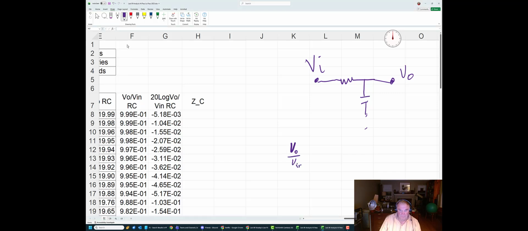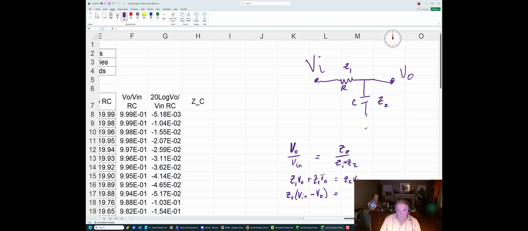V out over V in equals Z2 over Z1 plus Z2, and of course this is R and this is C, and so we can cross multiply: Z1 V out plus Z2 V out equals Z2 V in, and then we can write this as Z2 times V in minus V out.